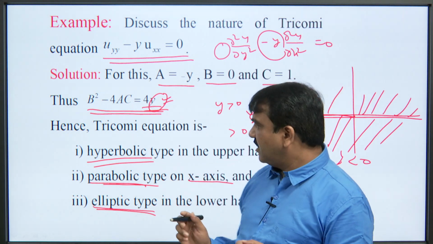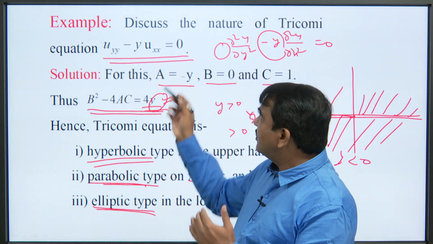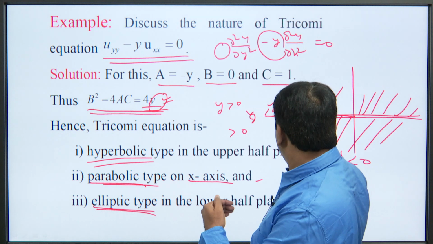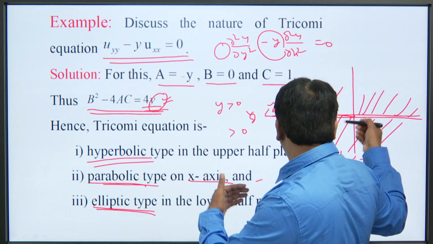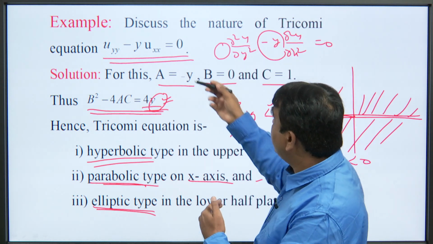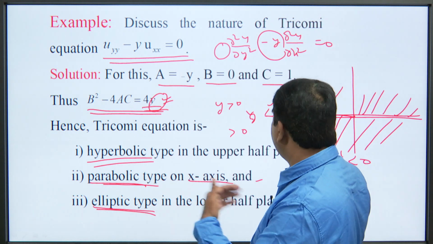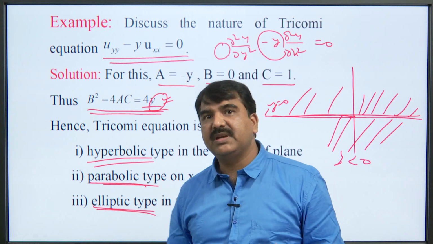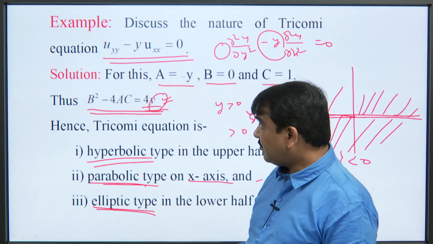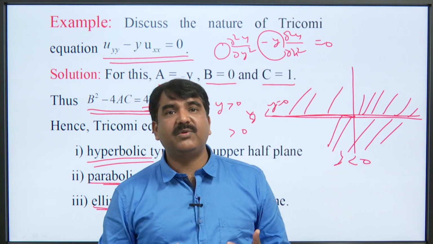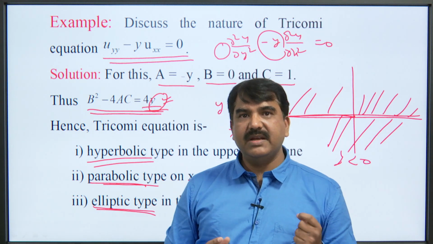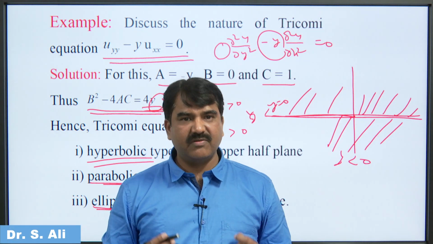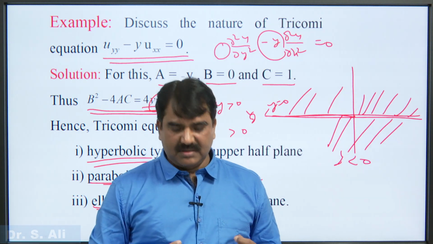In this way we can see that the Tricomi equation behaves differently in different regions of the x y plane: somewhere it is elliptic, somewhere it is parabolic, somewhere it is hyperbolic. So, with this concept we can describe the nature of the second order partial differential equation.